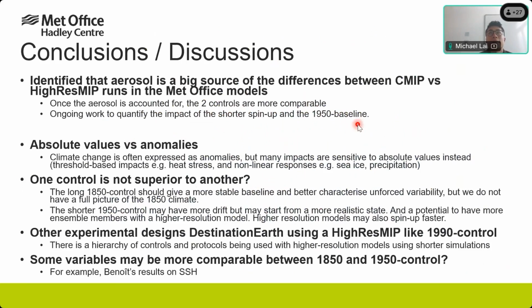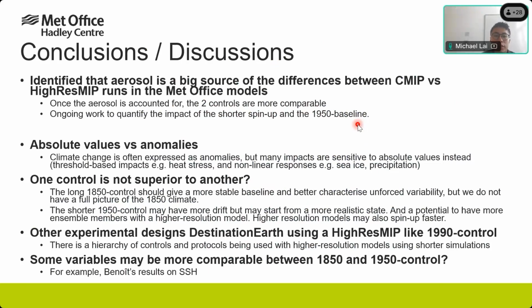But throughout this analysis, a few interesting discussion points came up that would be good to have some feedback on from the community. One of them is how should we talk about climate change in terms of absolute values or anomalies?